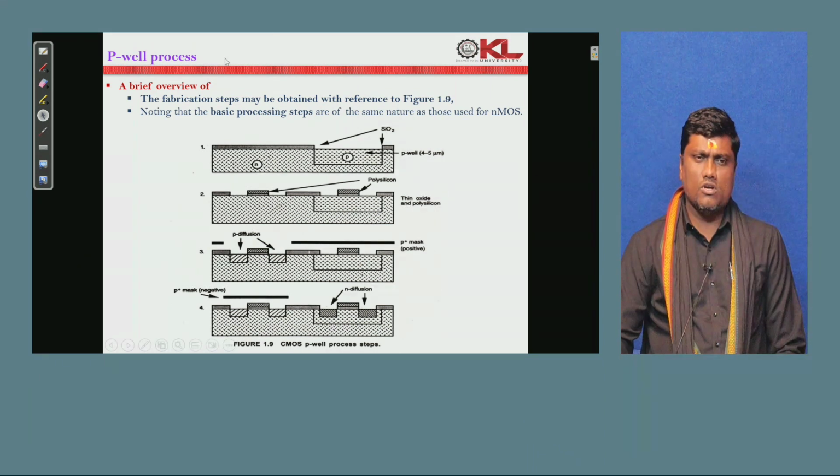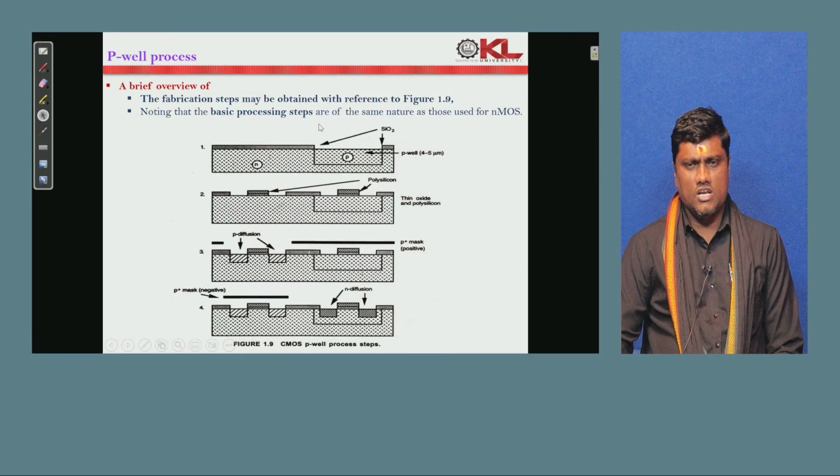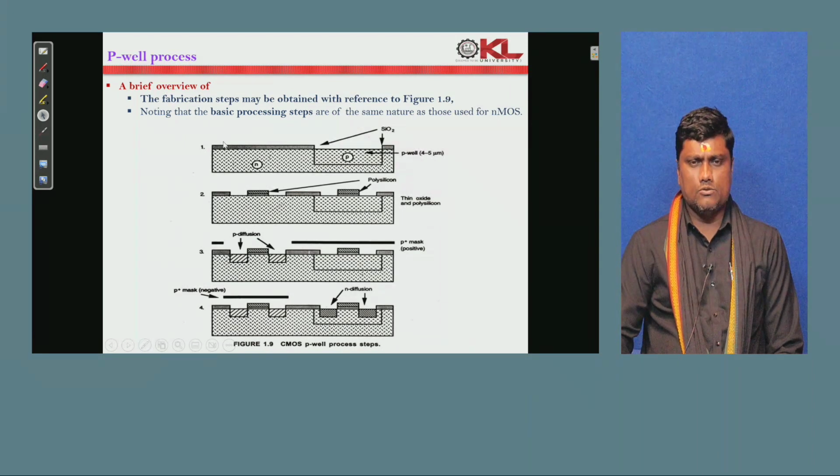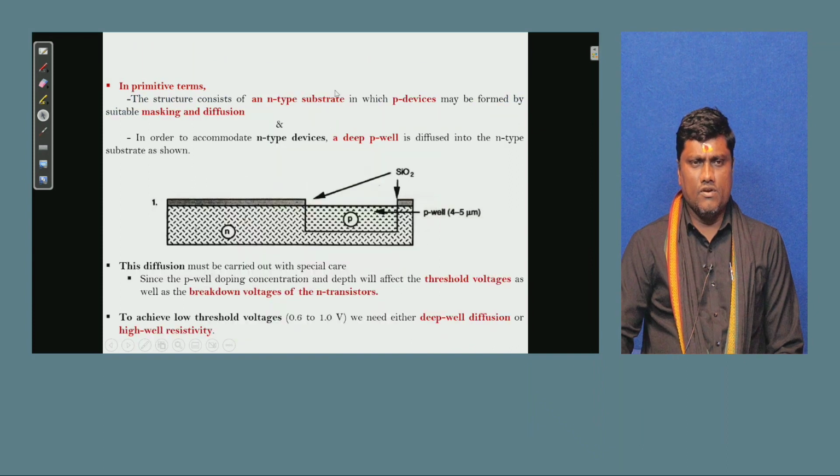For the fabrication of the P-well process, we have already seen the PMOS and NMOS. The fabrication steps are almost all similar to those used to form the NMOS. The basic process steps are the same in nature as those used in the NMOS, and here you can see the other steps which are specific to the P-well process.